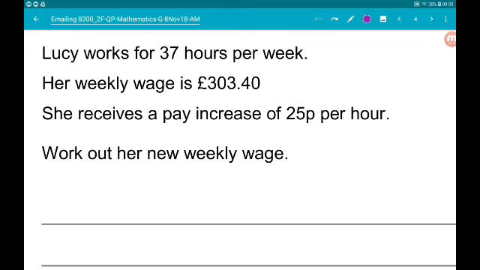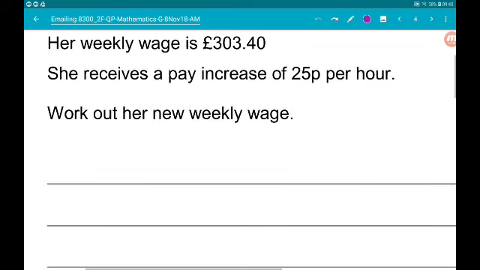We could work out how much she gets paid per hour at the moment. So we would do that by dividing her total weekly wage, £303.40, by 37. Let's do it that way. So 303.40 divided by 37 gives us 8.2.